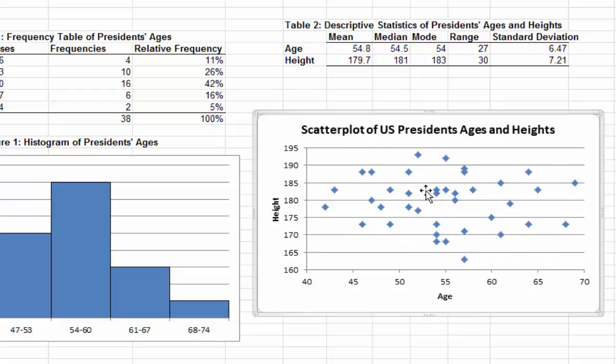A negative relationship would be a line going that way, sort of. Quite honestly, I'm not seeing any of that. To me, it looks just sort of like a circle or a blob. There does not appear to be a linear relationship between height and age. So I would say that there is probably no relationship between height and age.